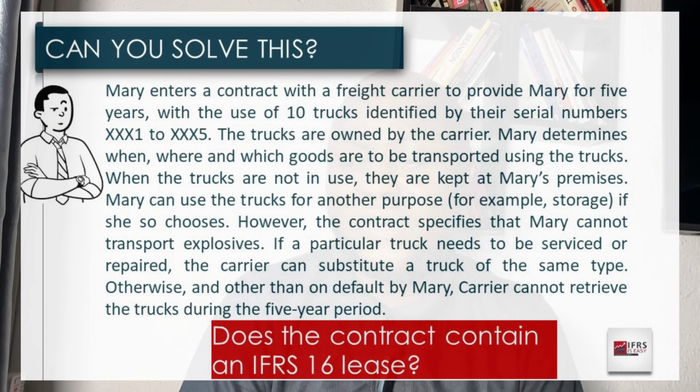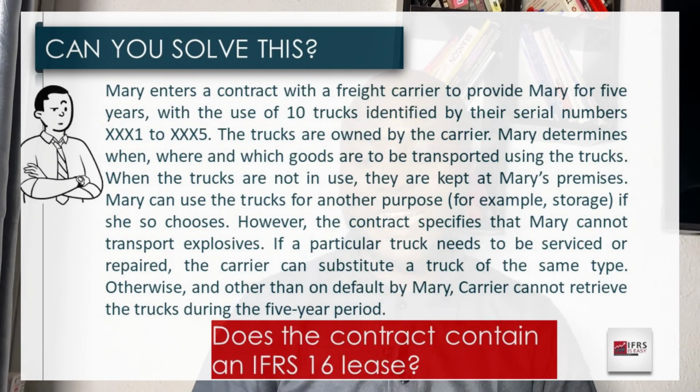Mary can use the trucks for another purpose, for example, storage, if she so chooses. However, the contract specifies that Mary cannot transport explosives. If a particular truck needs to be serviced or repaired, the carrier can substitute a truck of the same type. Otherwise, and other than on default by Mary, the carrier cannot retrieve the trucks during the 5-year period.